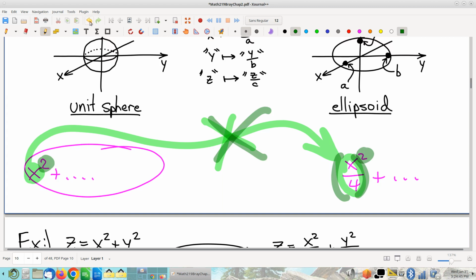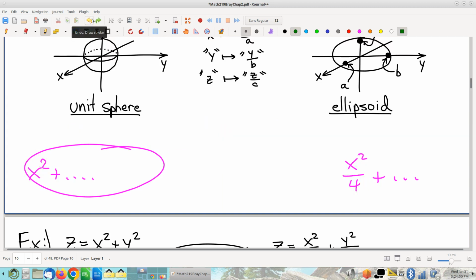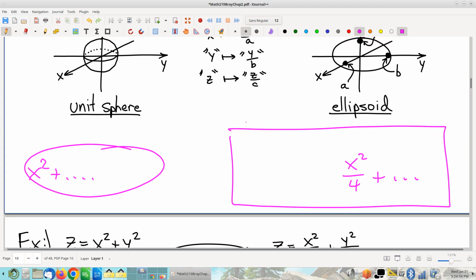In order to make sense out of this in the way that we have been, what I need to do is to rewrite the new equation as something squared plus dot, dot, dot.